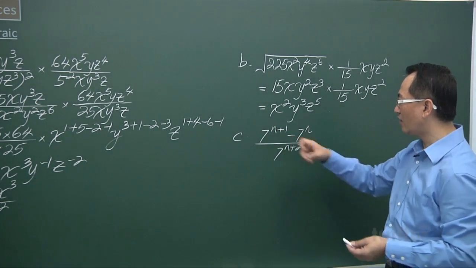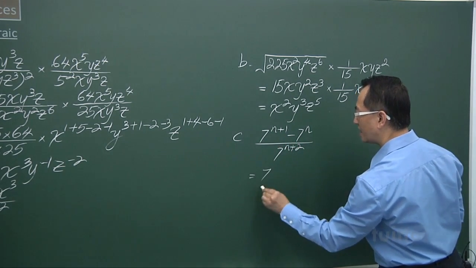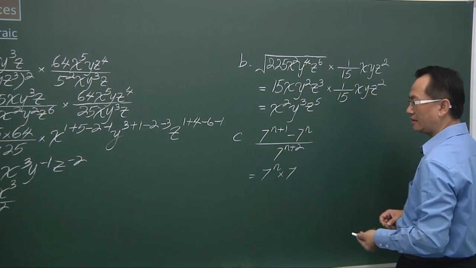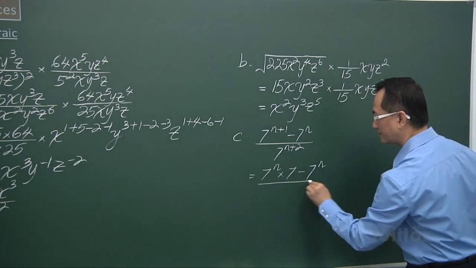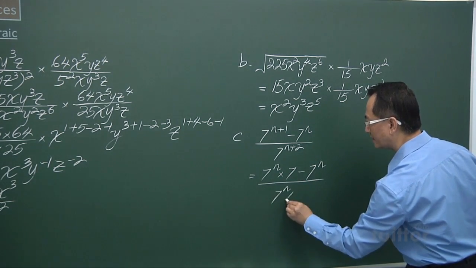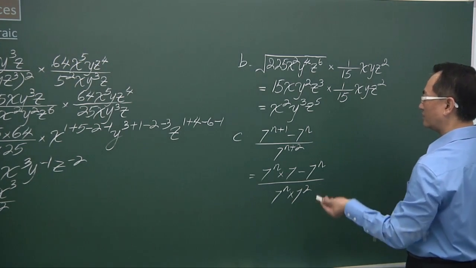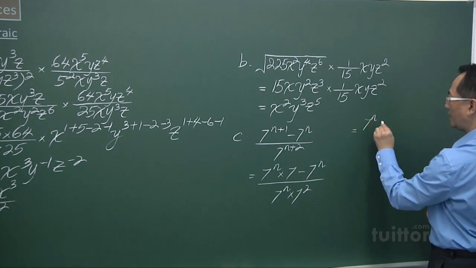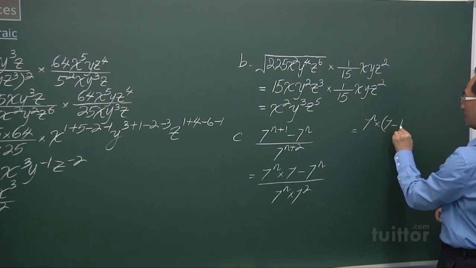So when I think of the index n plus 1, I can have 7 to the power n times 7 to the power 1 minus 7 to the power n. Here in the denominator, I would have 7 to the power n times 7 squared. So taking out common factors, I would have 7 to the power n times the 7 minus the 1.